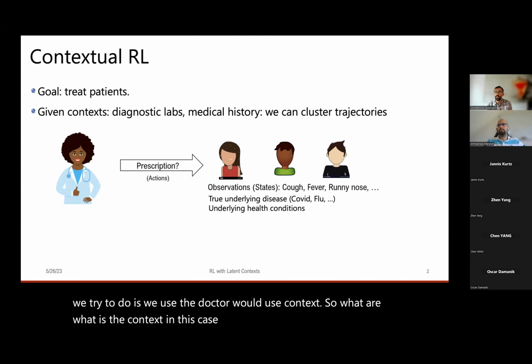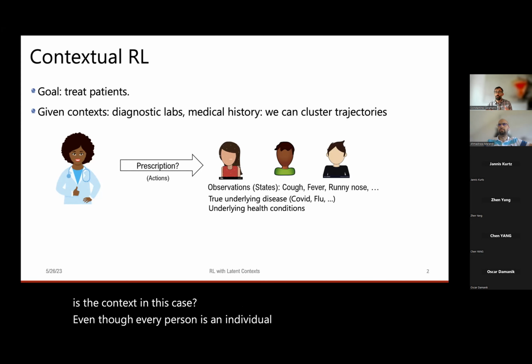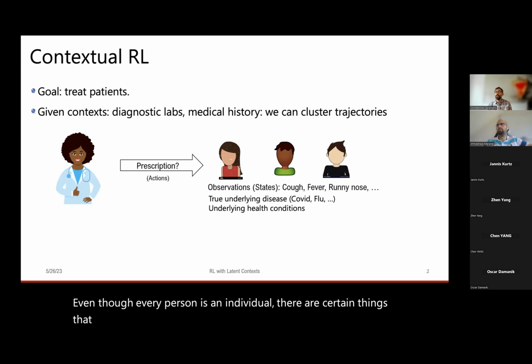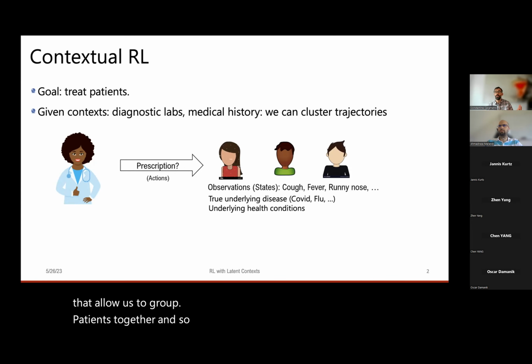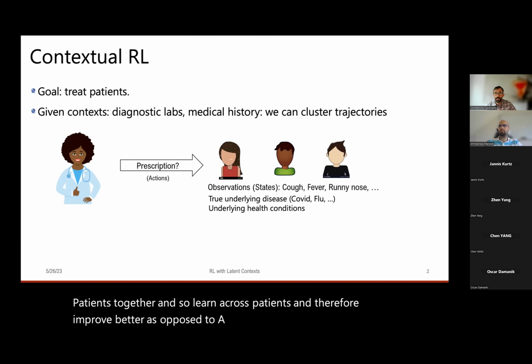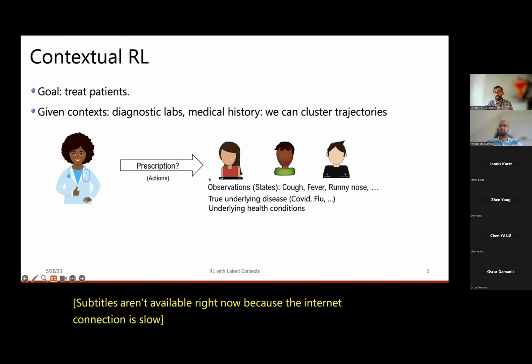Even though every person is an individual, there are certain things that allow us to group patients together, and so learn across patients and therefore improve, as opposed to a universe where every single patient has a completely unique response to your diagnostic labs or your medical history. And essentially what this allows us to do is to cluster trajectories.